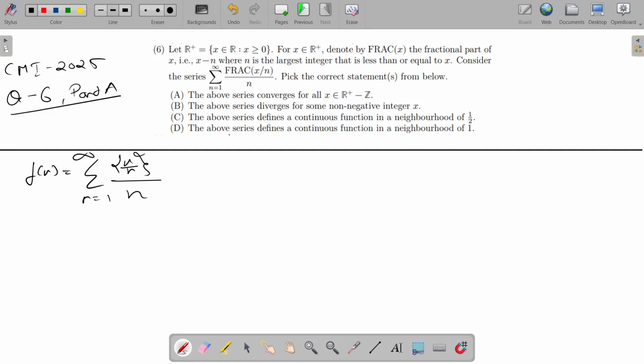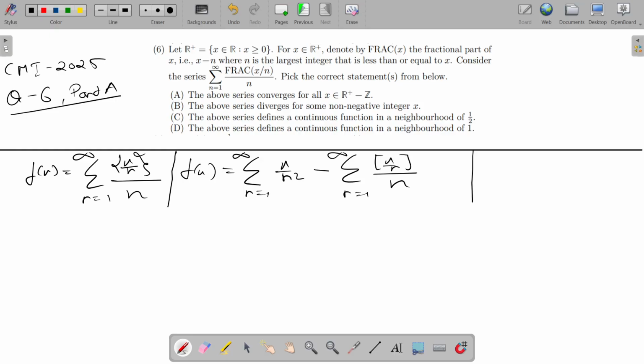So let us first manipulate this function a bit. We can actually write this as summation n 1 to infinity x by n square minus summation n equals 1 to infinity box of x by n, by n, because we know that fractional part of x, as given here, is nothing but x minus box x, where box x is the greatest integer function, or we can say it's the floor function.